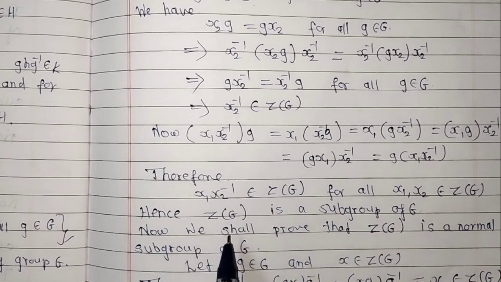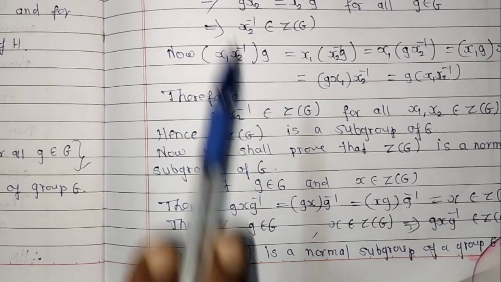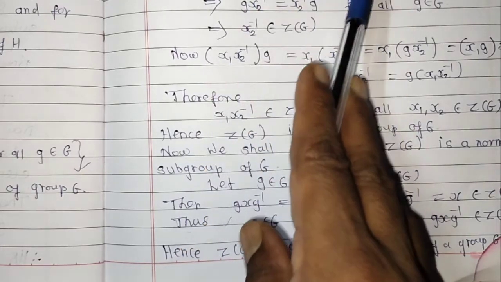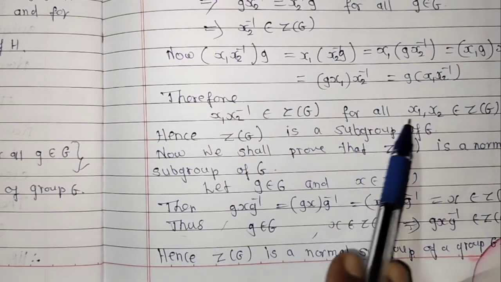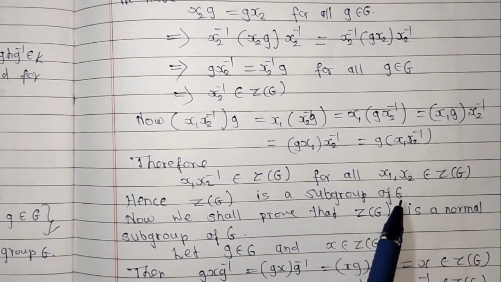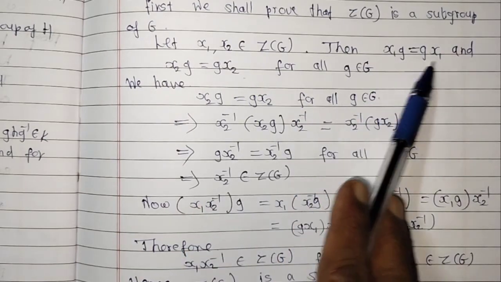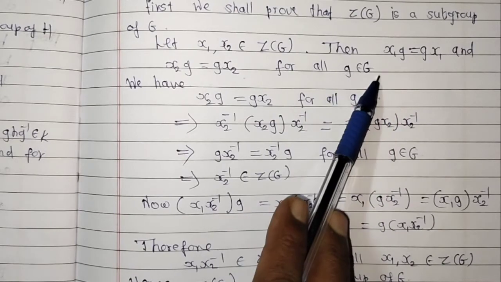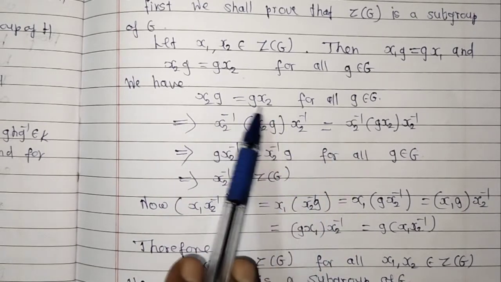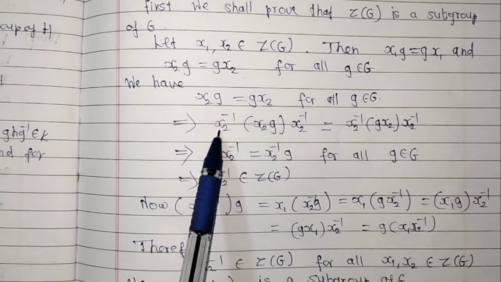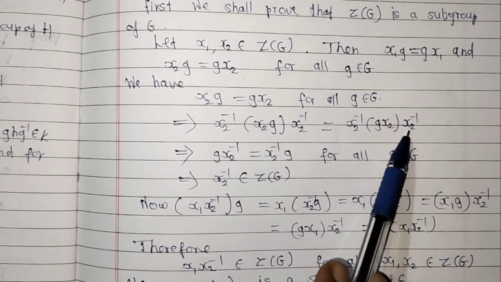Now we have to prove that this ZG is a normal subgroup of group G. Here first we prove that for x1, x2 belongs to ZG, ZG is a subgroup of G. To prove that, we consider x1, x2 belongs to ZG, so that we get x1g equal to gx1, x2g equal to gx2 for all g belongs to G. Now, multiplying both sides on the left and right by x2 inverse and simplifying, as x2 inverse into x2 is the identity element, we get gx2 inverse equal to x2 inverse g, since x2 into x2 inverse is the identity element.